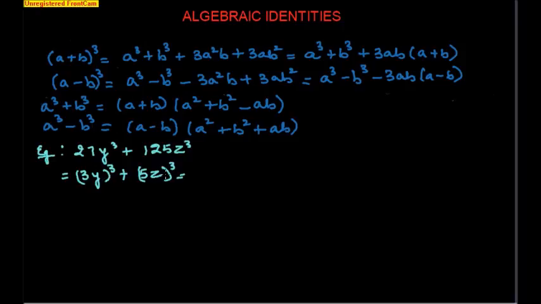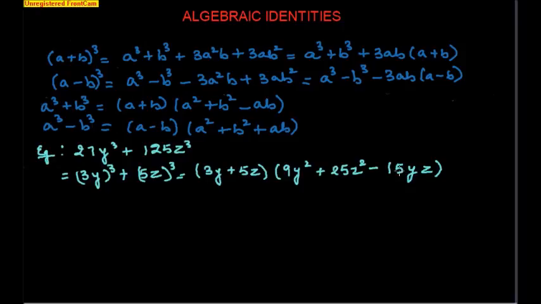This is a cube plus b cube, which can be written as 3y plus 5z into 9y square plus 25z square minus 3 into 5 becomes 15yz. So these are the cube formulas.